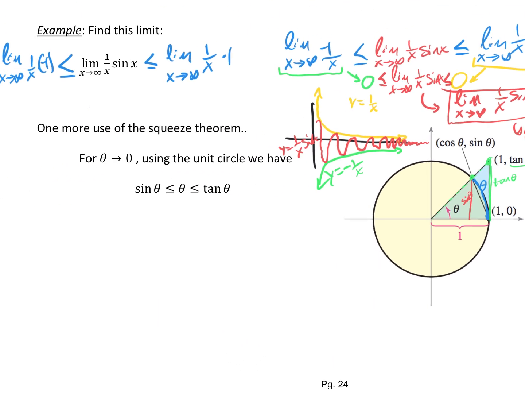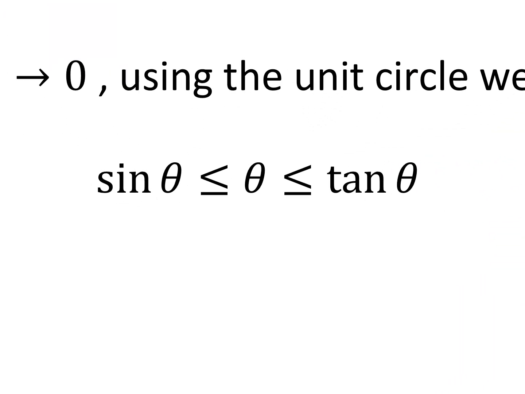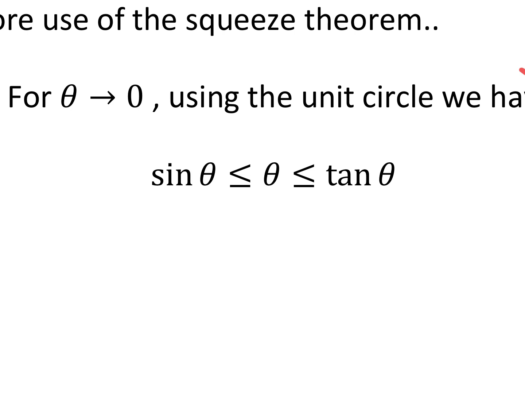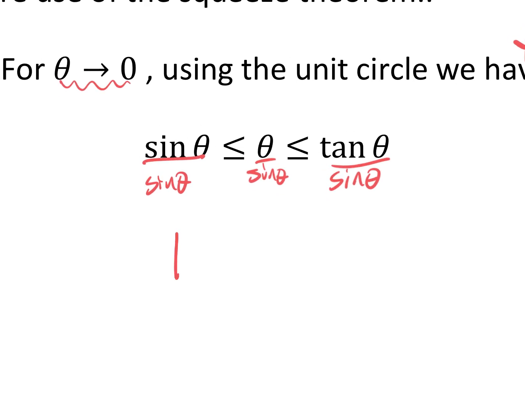Okay, so think about this here. Let's say theta is going to 0, but it is not equal to 0. If we divide all the way across by sine theta, we get sine theta over theta, which is 1.